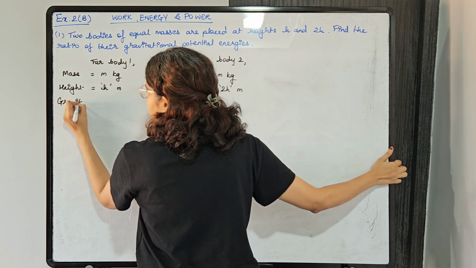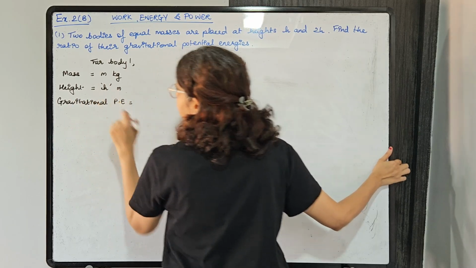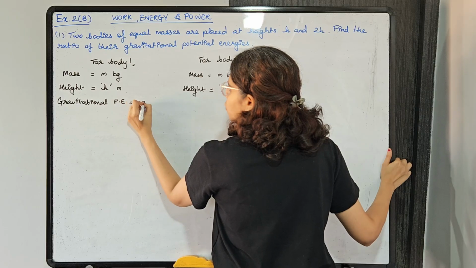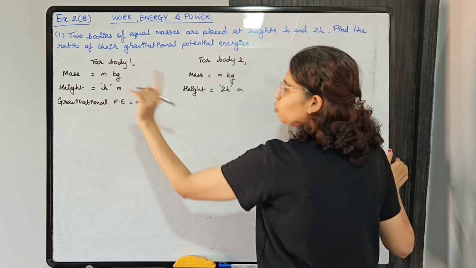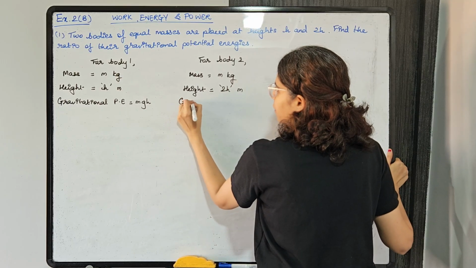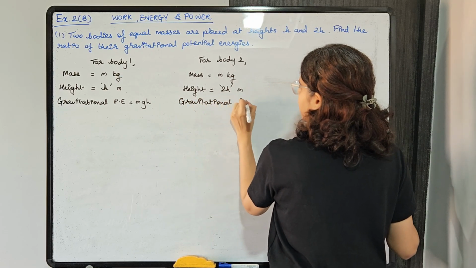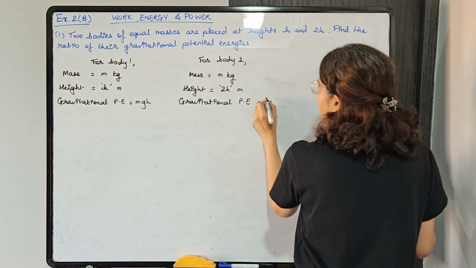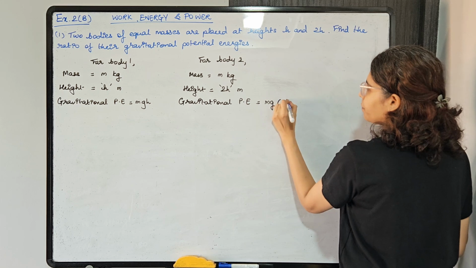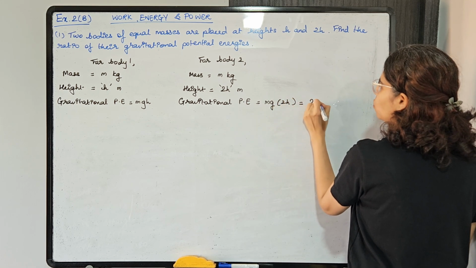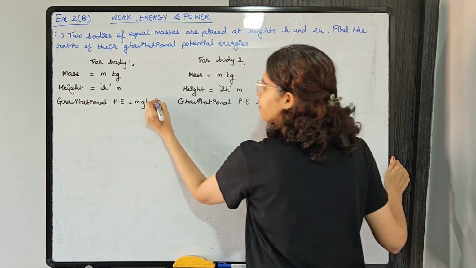Gravitational potential energy for body 1 will be mgh, right? m into g into h, and over here gravitational potential energy will be mg into 2h. Height is 2h, so that will be 2mgh joules.